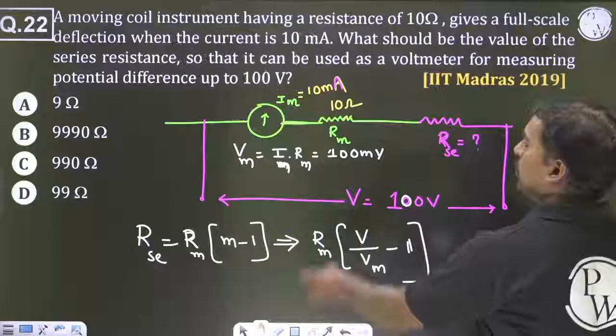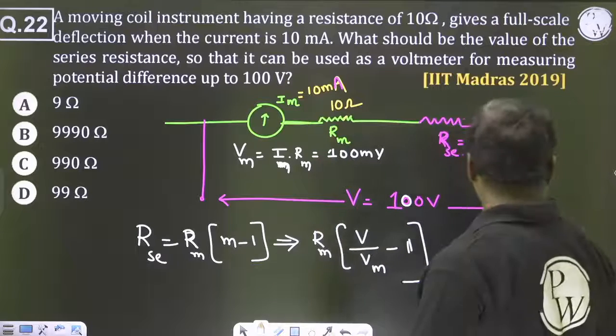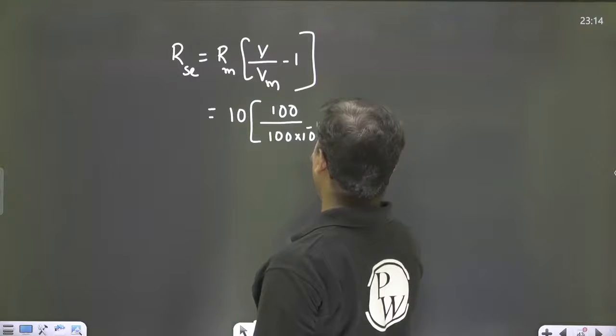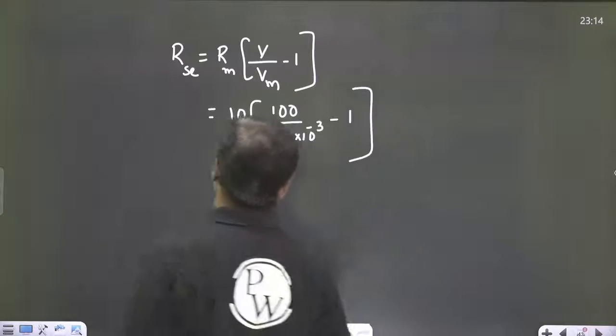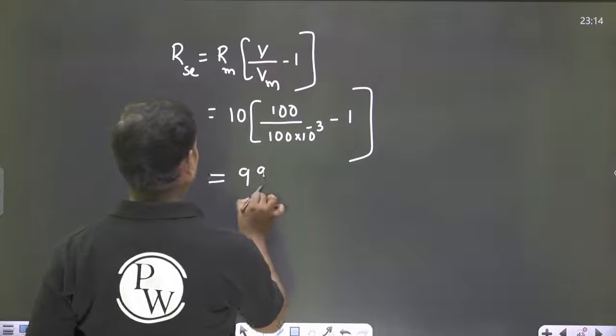Vm is the voltage drop across the meter, Im into Rm, that is 10 into 10, 100 millivolts, that is 100 into 10 power minus 3. Simplify it: 100 gets cancelled, 1000 minus 1, 999. So I am going to get 9990 ohms.